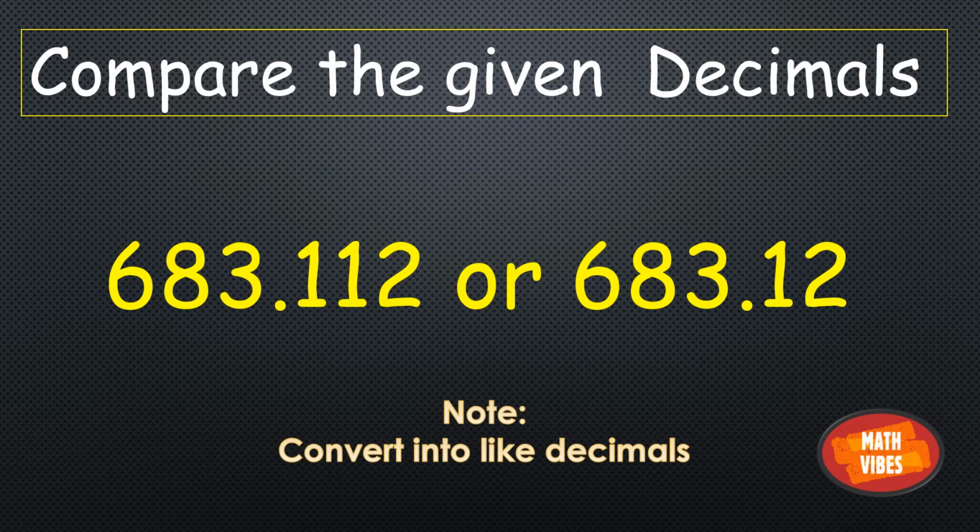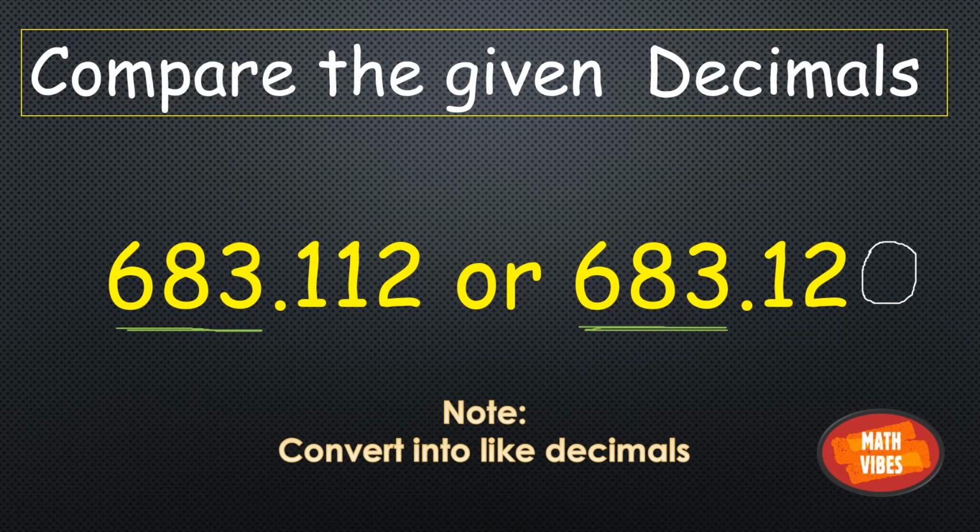So first step will always be to convert them into like decimals. Here if you have three places, then here also you have to make three places by adding one zero to it. Now after adding one zero, you can easily check. See, the whole parts of them are same. Here the whole part is 683 and here also the whole part is 683.